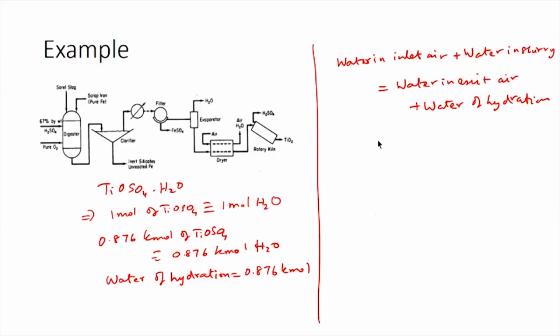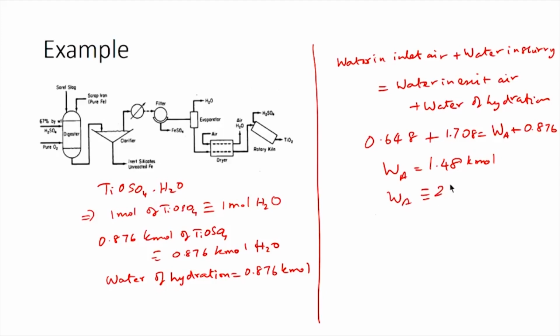So, this means 0.648 plus 1.708 equals water in exit air plus 0.876. So, you have water in exit air as 1.48 kilomoles, which is equivalent to 26.64 kilograms.